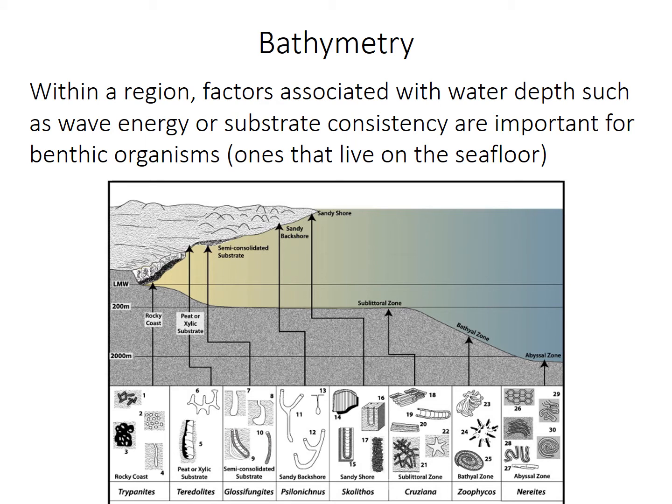And the amount and type of food, especially the particulate organic plankton that many marine organisms eat, also changes with depth. So it's these factors, water energy, the nature of the substrate, and the type of food available that lead to these predictably depth-related distributions.